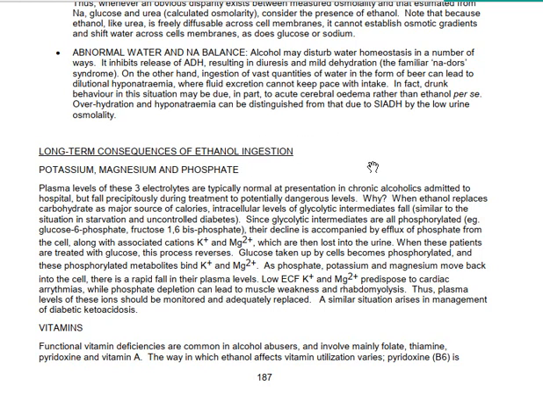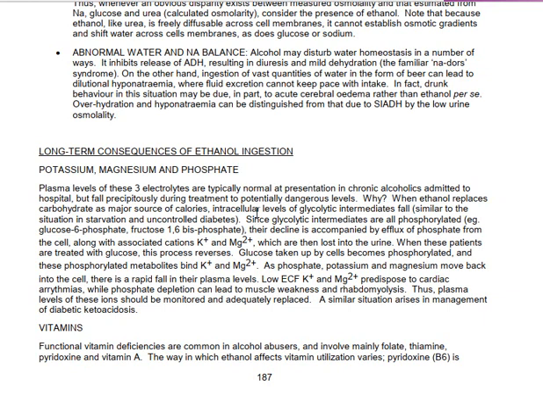Is it clear? Since there is an excessive level of ethanol in the extracellular fluid, fluid has always been moving from the intracellular fluid to the extracellular fluid, and that fluid is going to move with the potassium, the magnesium, and the phosphate ions. This results in a depletion of the intracellular fluid of magnesium, potassium, and phosphate ions. Is it clear? For a chronic case.